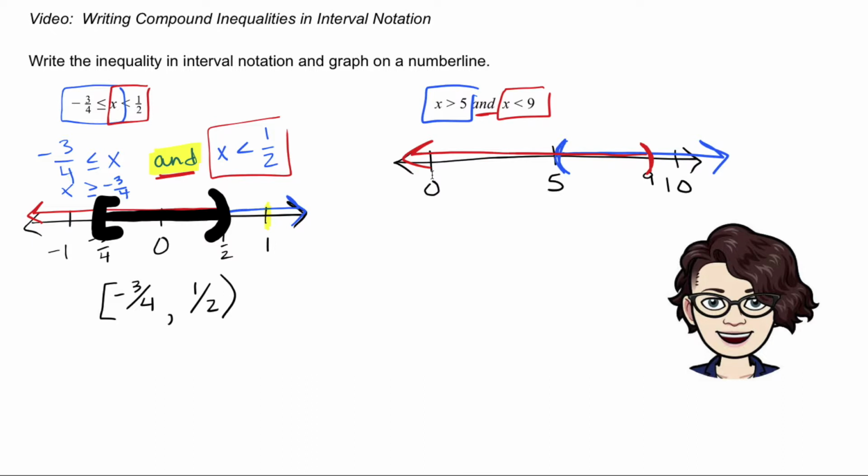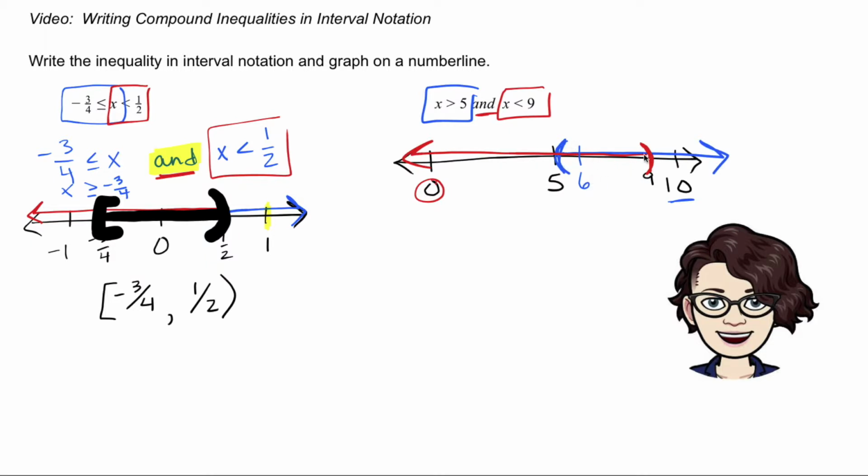So out here, let's just talk about the number 0. 0 is not greater than 5. It is less than 9, but it's not greater than 5. So 0 is not part of the solution to this compound inequality. And 10 is greater than 5, but it's not less than 9. So 10 is not part of the solution. But if I pick something like 6 that we talked about before, 6 is greater than 5 and 6 is less than 9.